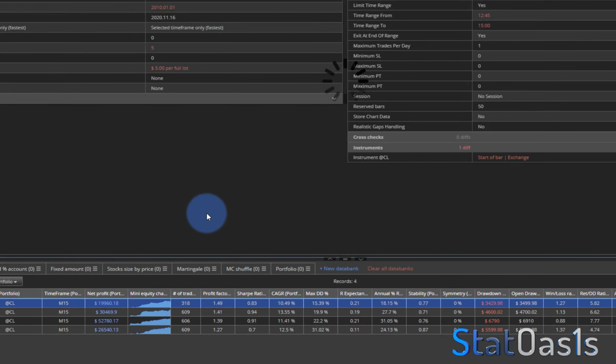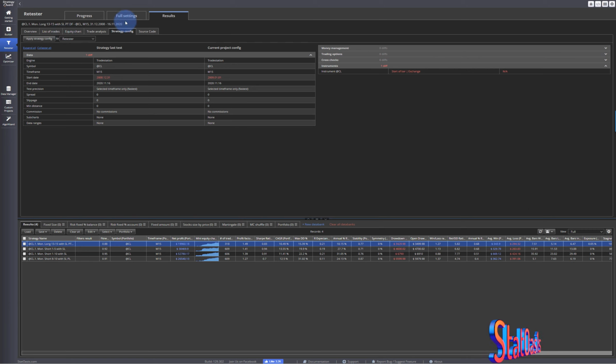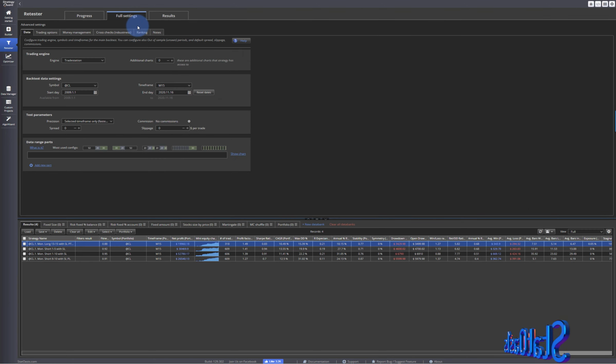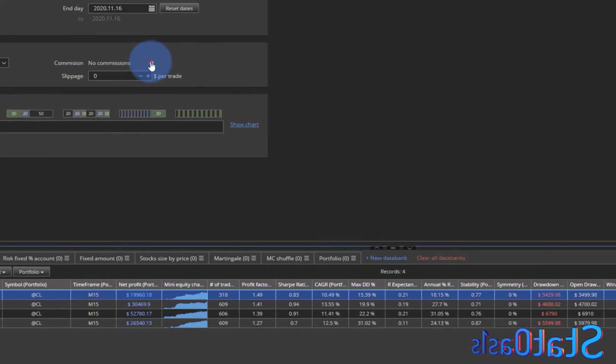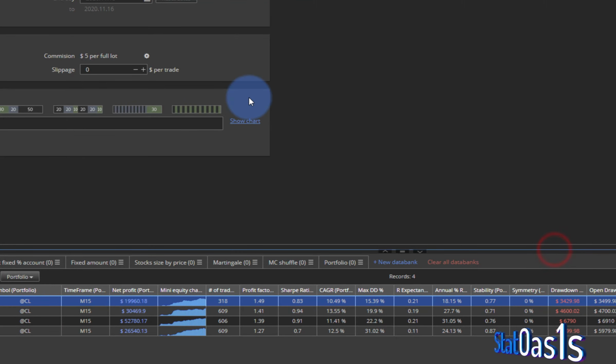Yes. So we just applied the strategy. Then we only need, because remember, all our testing was without commission, so let's go to commission, size based. It's $5 per full lot. When I do position sizing, I want it to change. And slippage 1.